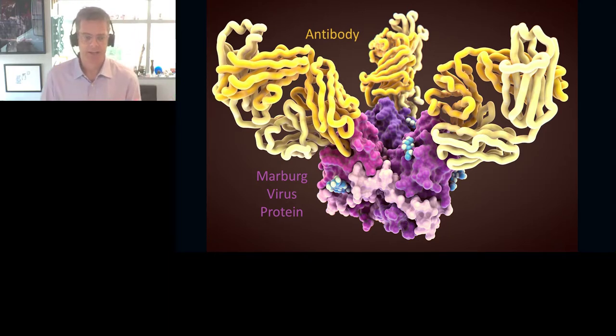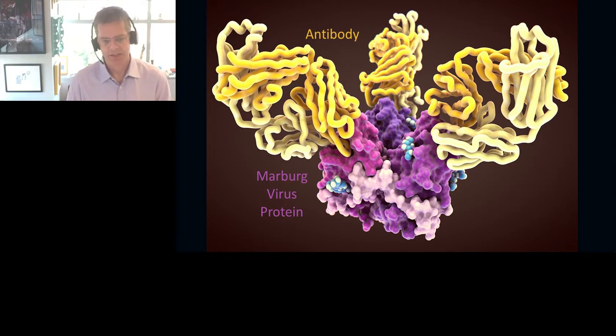The darker yellow is the heavy chain, the light chain is a lighter yellow, and you can see that there's a cup-shaped pink structure near the center, and the heavy chain CDR3, or the complementarity determining region 3, or hypervariable loop 3, reaches down into this cup-shaped structure, which is the receptor binding domain.